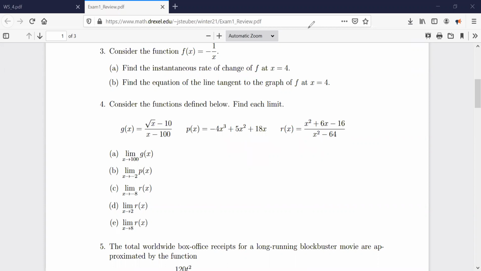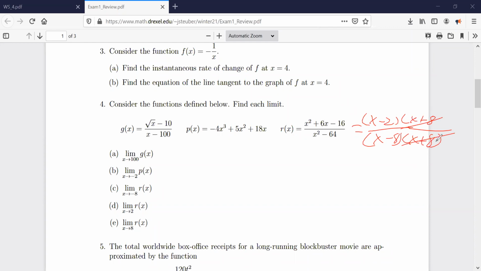So we're going to do something similar to the previous problems here for R. How can I factor the top? The bottom is a difference of two squares, right? x minus 2, x plus 8? Exactly. So almost everywhere these just cancel.